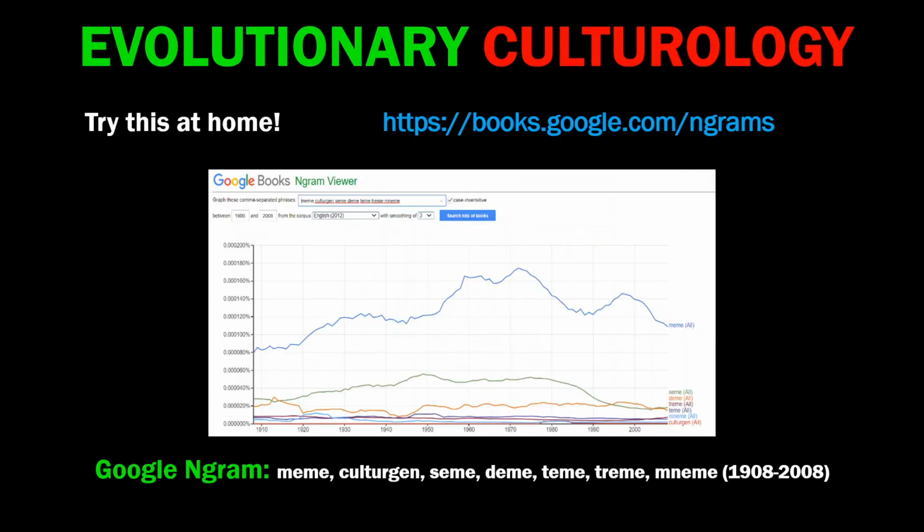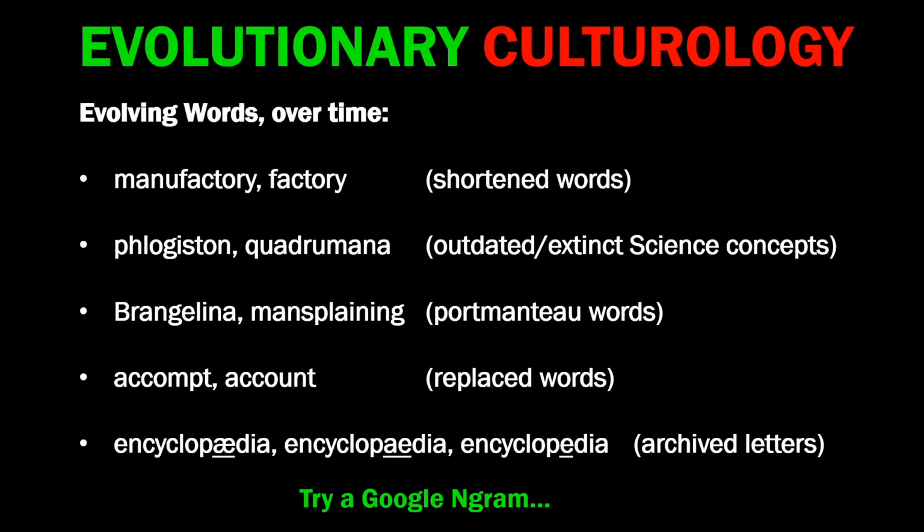And a fun little citizen science experiment you can try at home is go to Google Ngrams and put in competing words and see which ones have won the evolutionary arms race for the most frequently used example of that word. Other cases you can look at are words that have become shortened over time, like manufactory eventually became factory. That's an interesting one to plot in a Google Ngram.